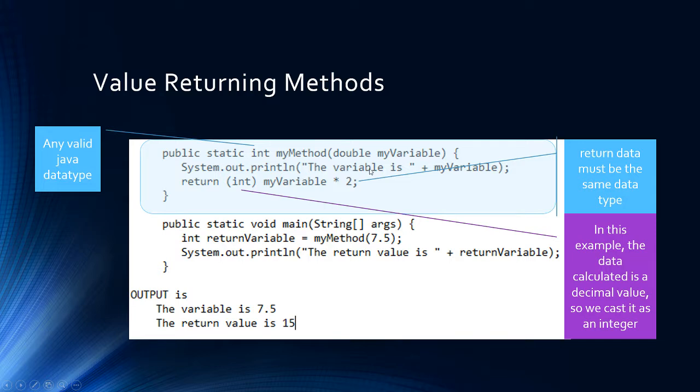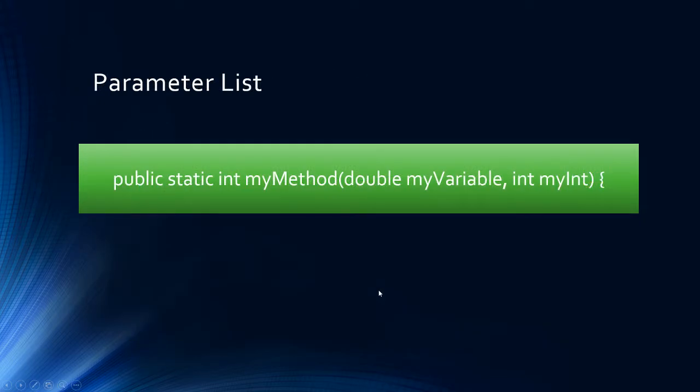Now our method is going to print out the string the variable is, and then the value of our variable, and then it's going to return our variable multiplied by 2, and it's going to cast that as an integer to make sure that it's returned as an integer, because we said we were going to return an integer. From that, we receive this output.